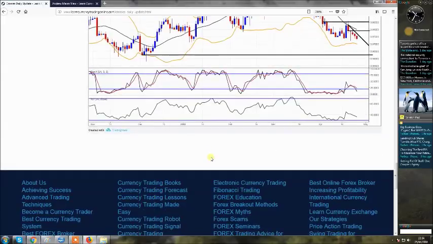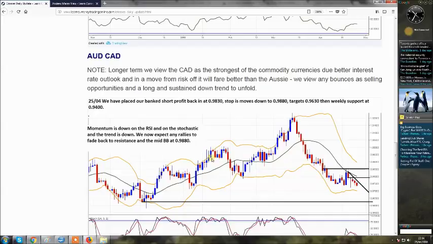I'll look at this one actually here. AUD CAD. Yeah. In terms of the CAD, I think it's going to be longer term the strongest of the commodity currencies, and yeah, it's pushed the AUD down nicely. We've got a good chunk of this, sold this rally, and now we're back down here.